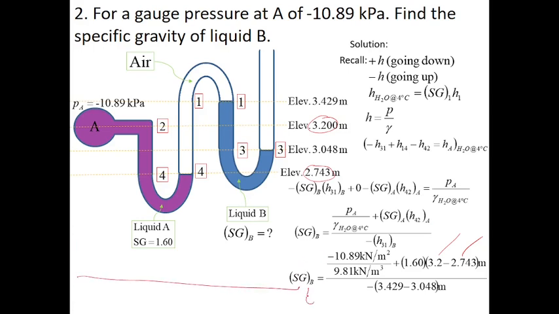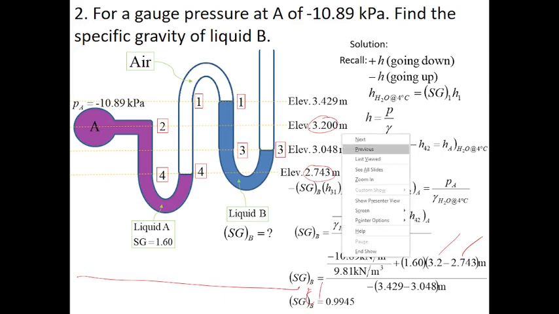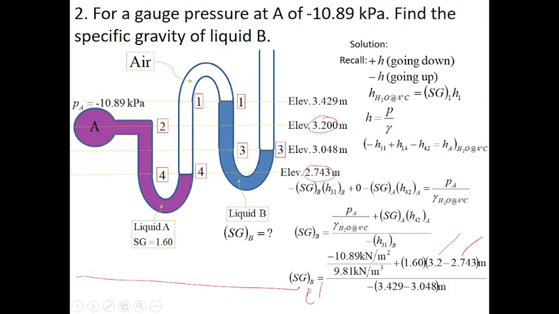So this is elevation 0, for example. This is elevation 2.743, right? This height is 2.743 meters.